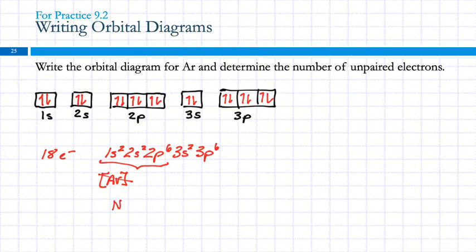And so we could say neon in brackets, and then 3s2, 3p6. So how many unpaired electrons does argon have? 0. They are all paired up. And we'll find out later that that has some significance. 0 unpaired electrons. Any questions?